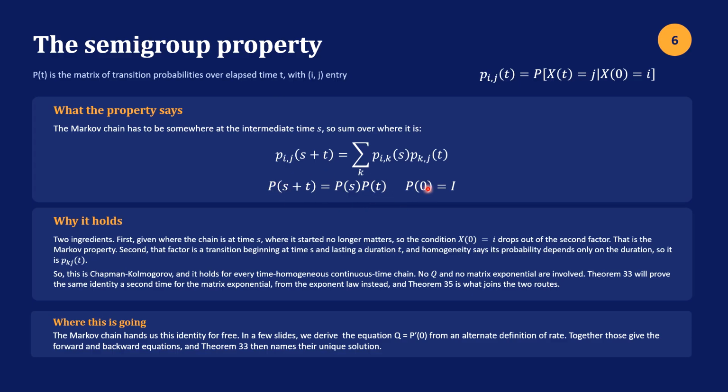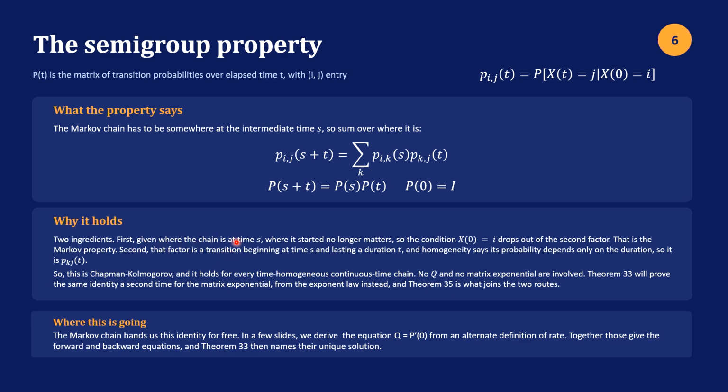And then just note at time 0, the transition probabilities from going from one state to itself are 1, because there's not enough time to transition out of that state. So you have this here. This is true because of two things.